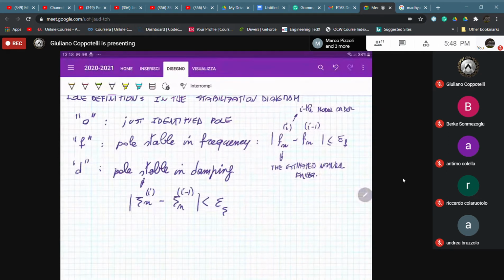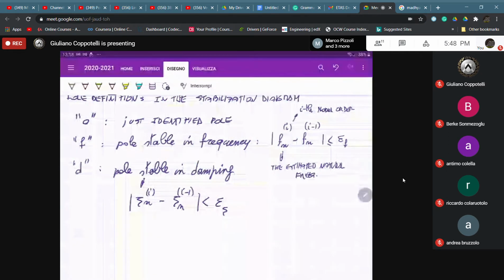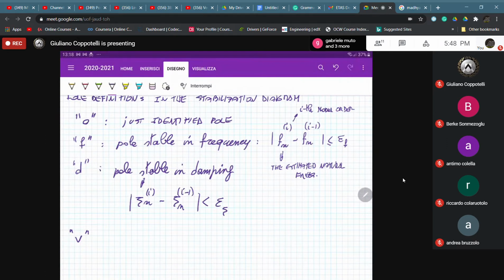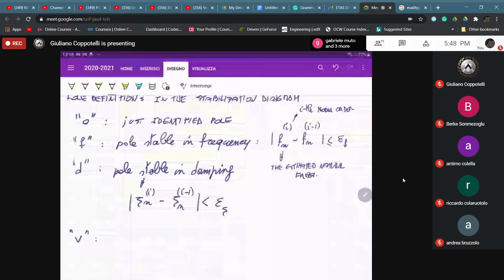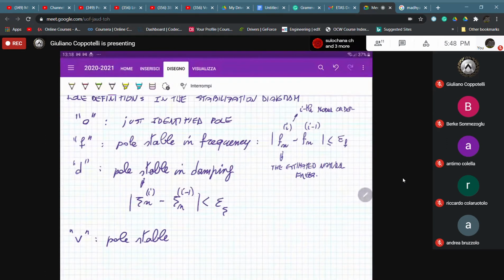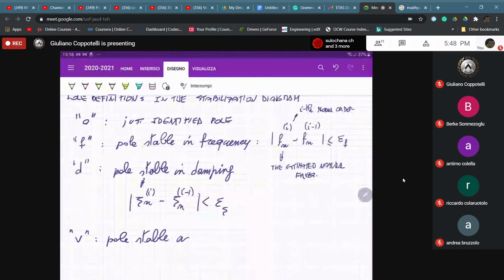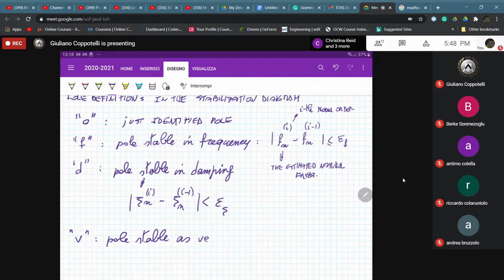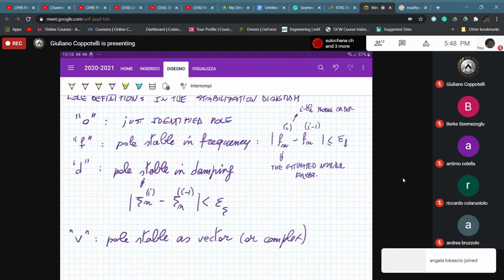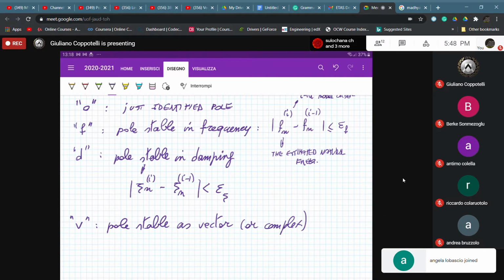Then what we got is a V pole, that is a pole stable as vector, or complex. Okay, what does it mean? It means that we are demanding more strict conditions for the stability.